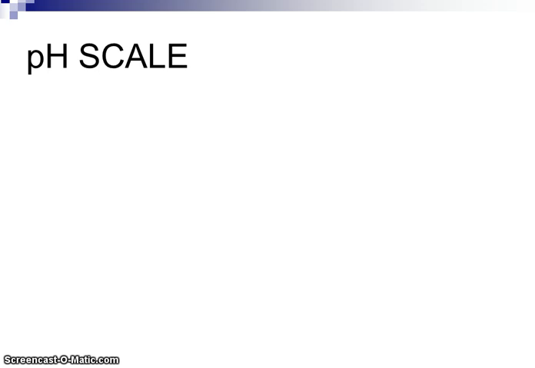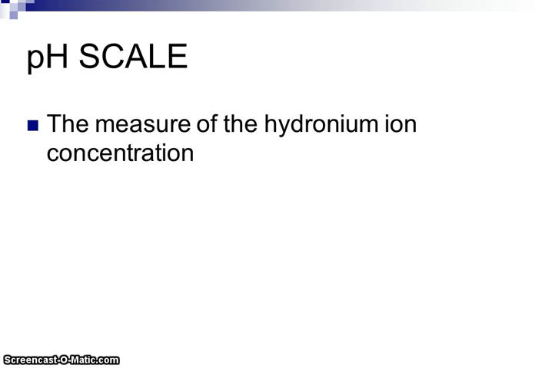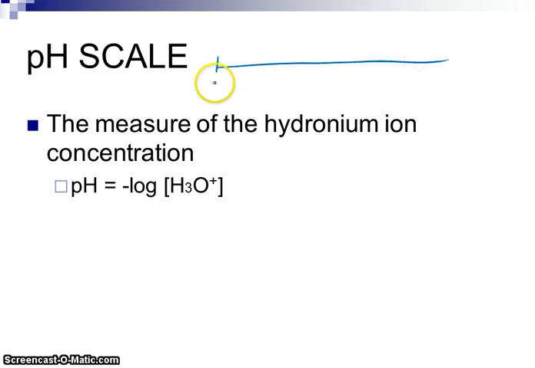Now let's look at how we're going to relate our pH to our hydronium ion concentration. We want to deal a little bit with the pH scale. pH is actually the power of the hydronium ion concentration, or pH is the negative log of our hydronium ion concentration. And when we look at our pH, we're going to be going from 0 to 14, 7 in the middle.